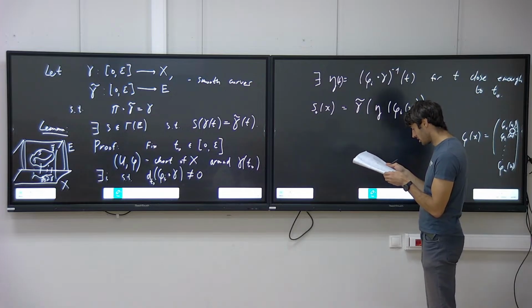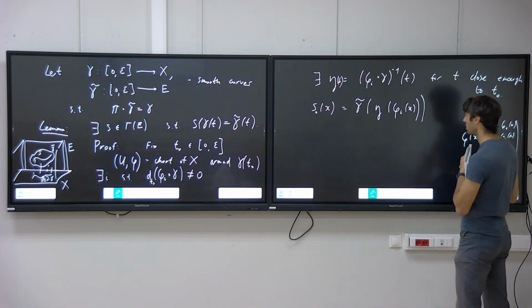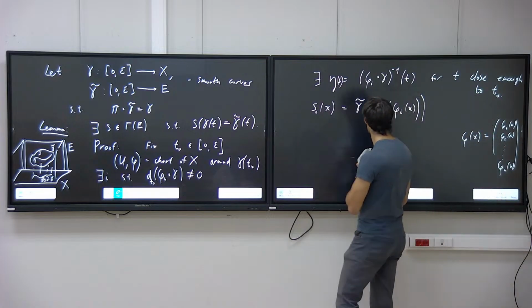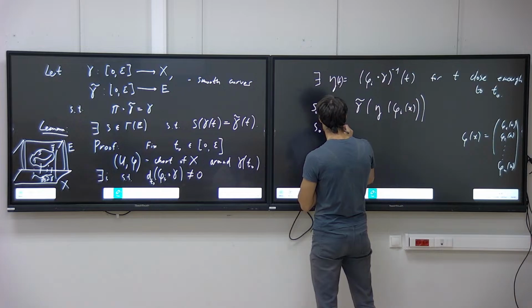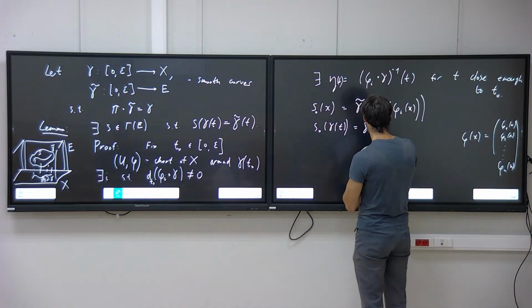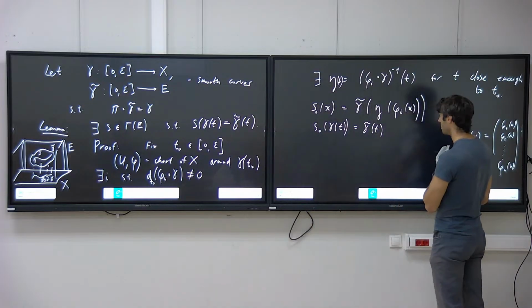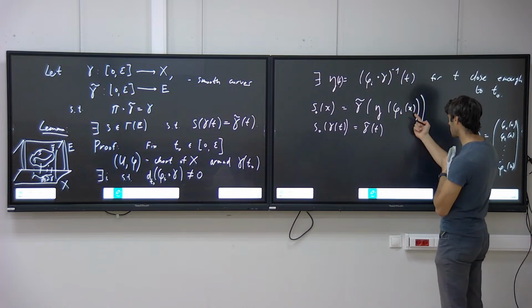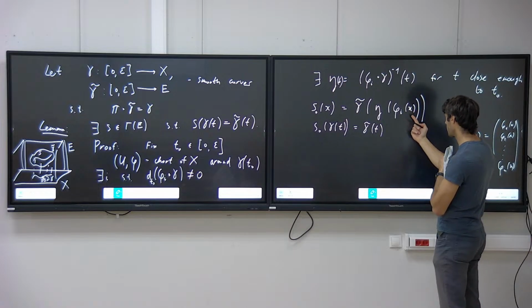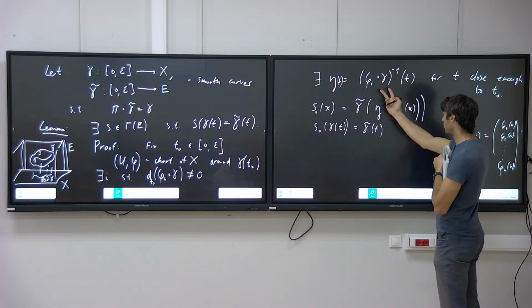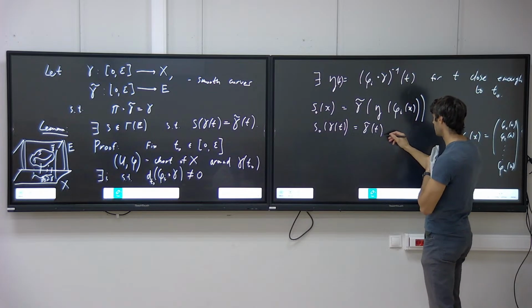So anyways, we can check that S0 of gamma of t is gamma tilde of t. Well, you just put gamma of t in here, and you have phi I composed with gamma, and this is inverse to it. So you get t.